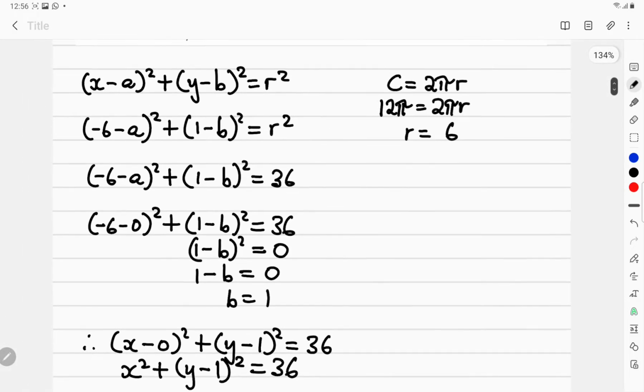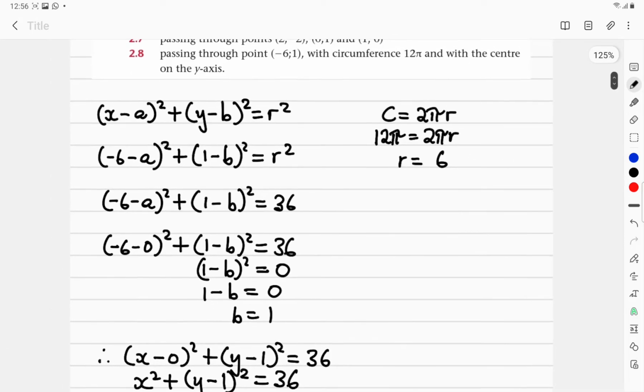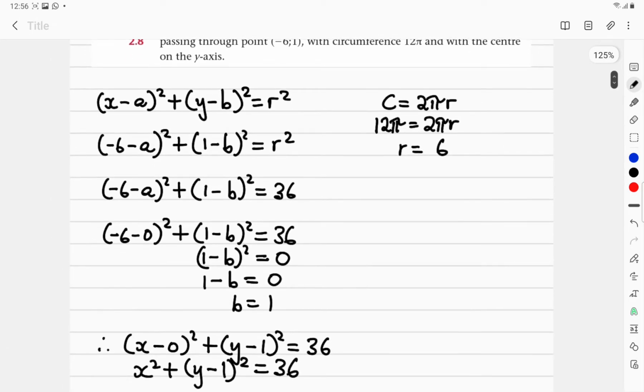Just have a look at this. Firstly, 2.8 is the question. What we had to do was understand the point that we are given, (-6, 1). Then we are given the circumference. If you are given the circumference, then you need to remember the formula of circumference. Therefore, you can calculate your r, which is 6. Then you substitute there.